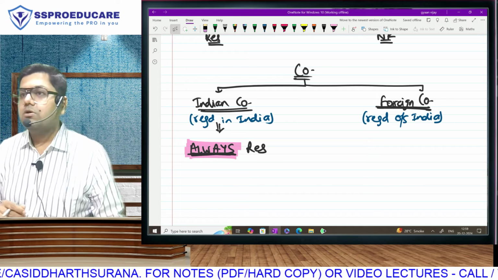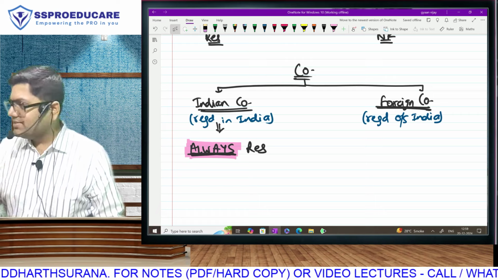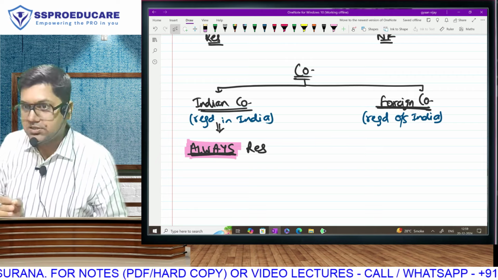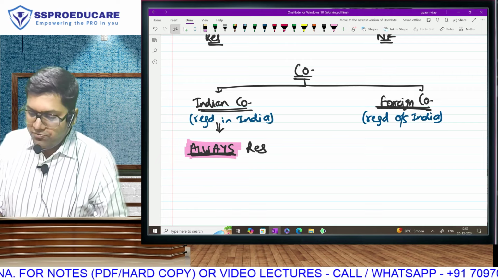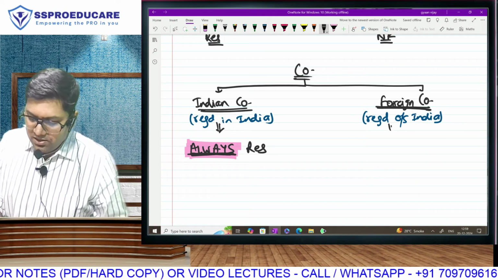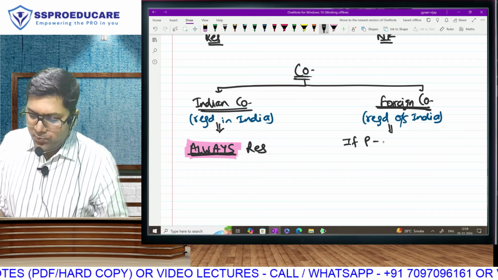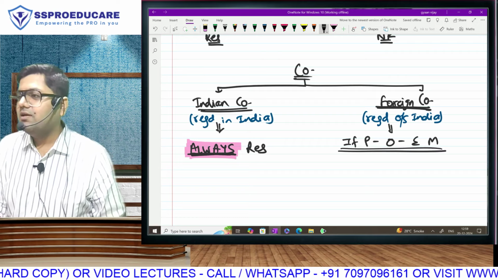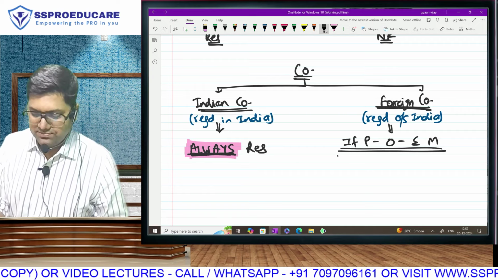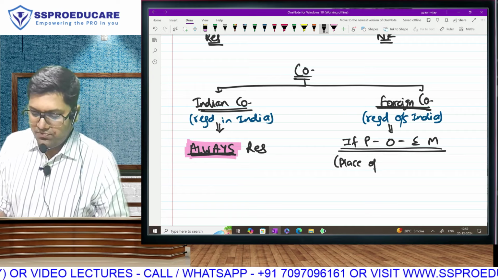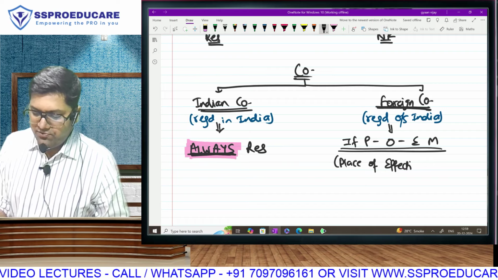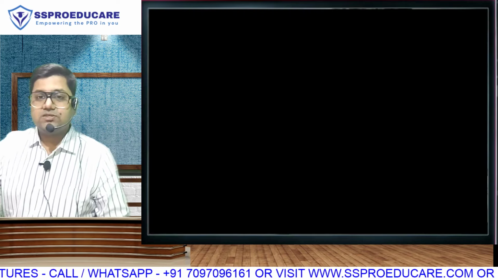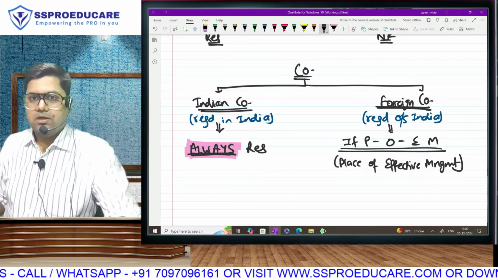And what about a foreign company? A foreign company is registered outside India. So normally you would assume that all the decisions are being taken outside India. But for foreign companies, they say if your POEM... not poem, I mean place of effective management.